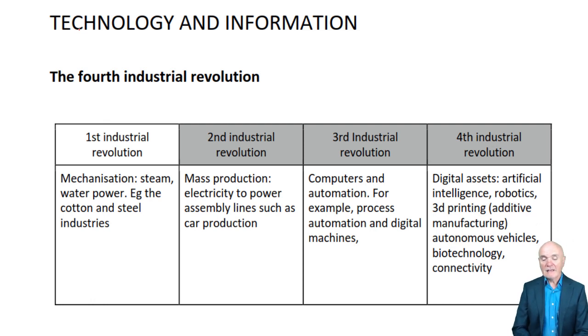Then really beginning 1960s, but really coming into its own 1980s, 1990s, we had computers and automation here. Process automation, digital machinery, automation particularly in the finance business. Spreadsheets were really invented in the early 1980s, about the first spreadsheet and so on.